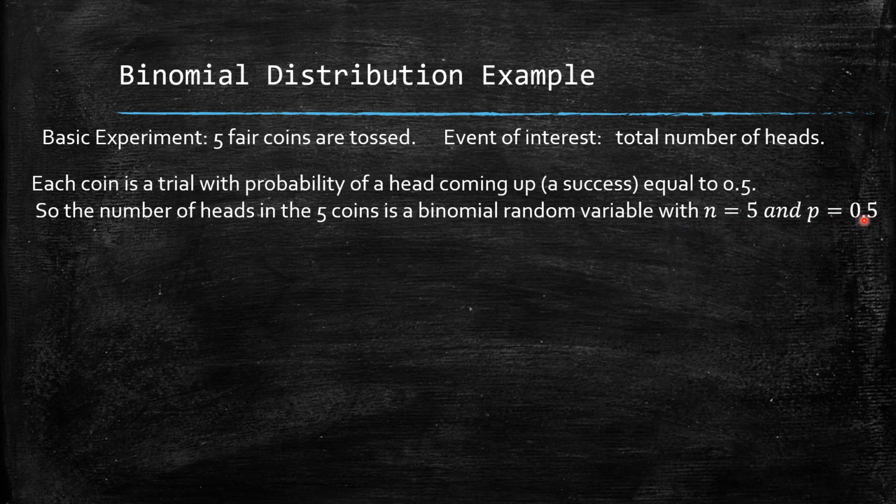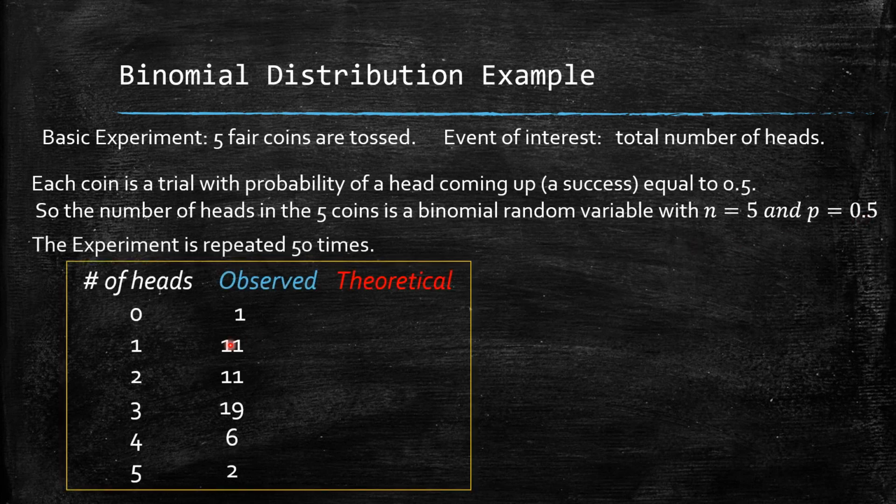Now suppose this experiment is carried out 50 times and one has observed the total number of heads. So out of 50 trials, the heads 0, 1, 2, 3, 4, 5 have observed frequencies 1, 11, 11, 19, 6, 2.